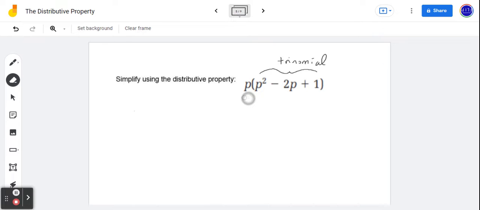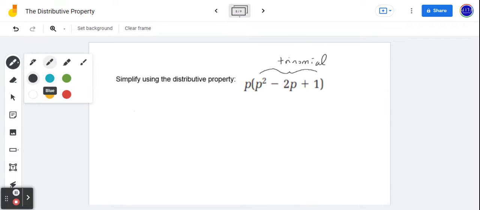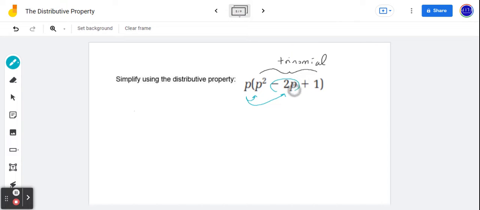We're going to take that multiplier, the p, and we are going to multiply it over every single term. So p multiplied by p squared, then p multiplied by negative 2p. Okay, so take the sign with it.